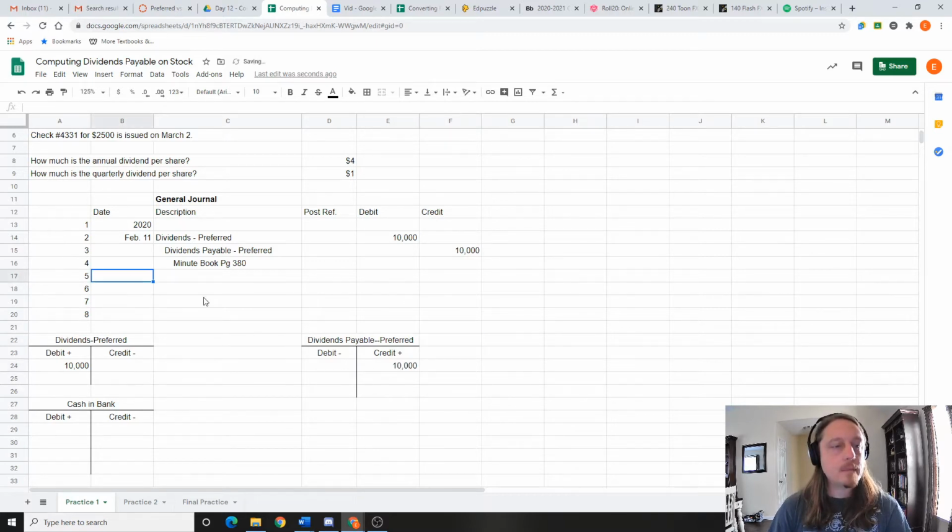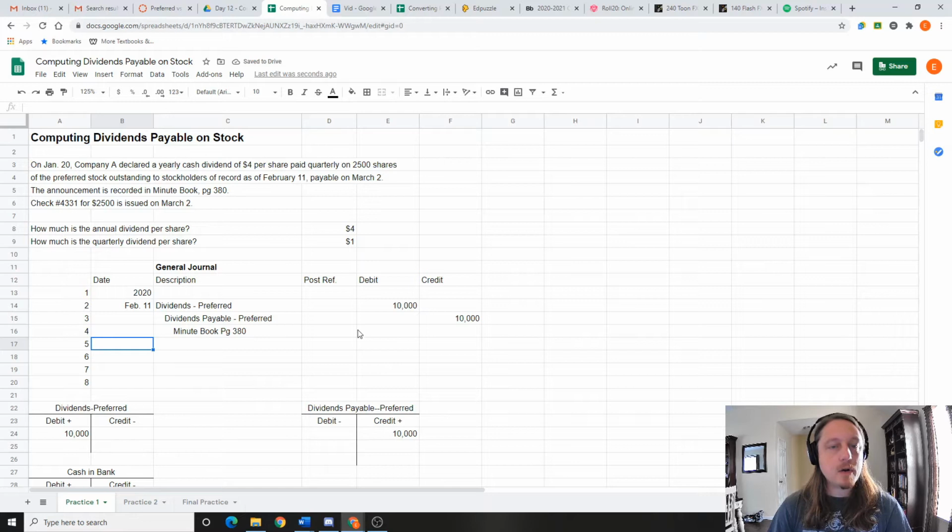Perfect. Now, the next transaction was on March 2nd, and this is where we actually paid the first payment. Remember, the first payment is $1. The whole thing is $4, but if we pay every 3 months quarterly, we divide that up.